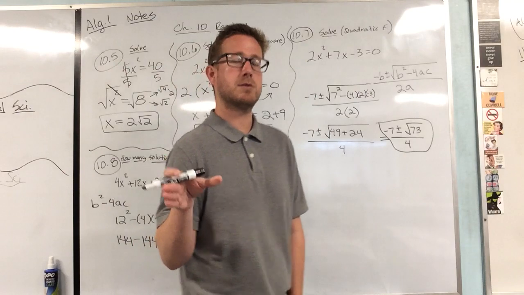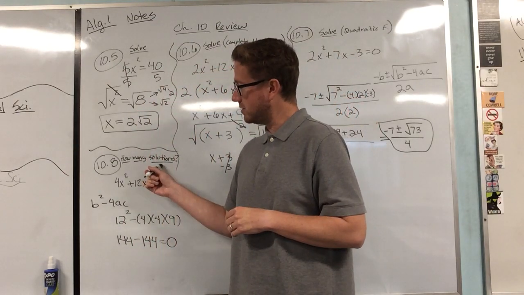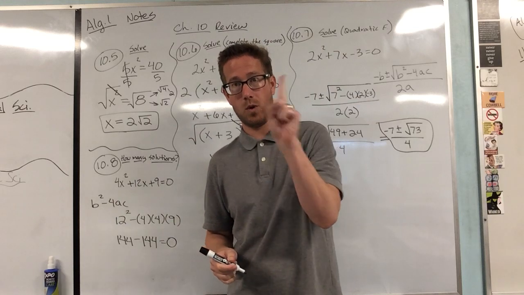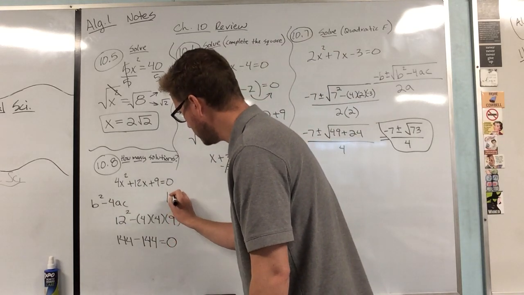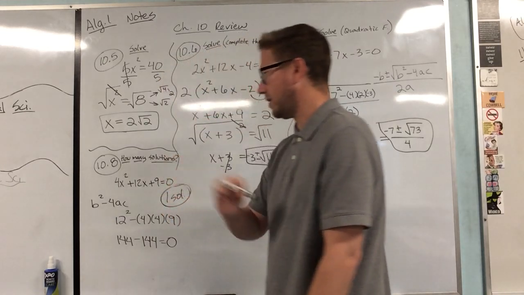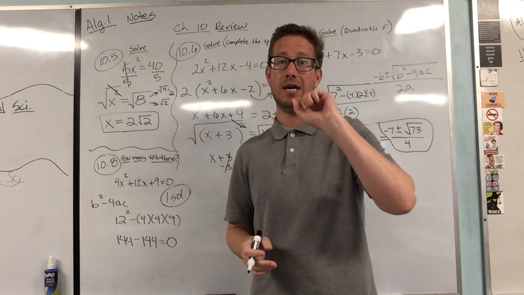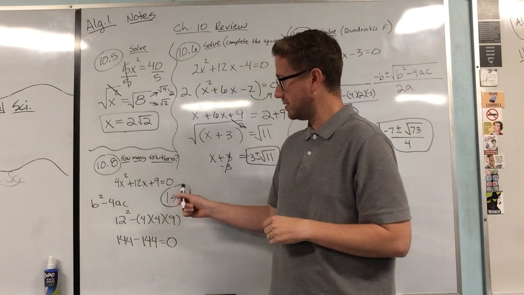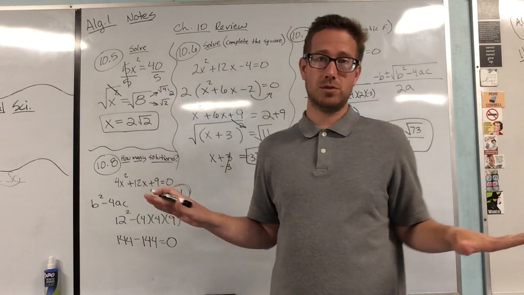And who remembers, if you have a discriminant of 0, how many solutions do you have? 1. You have 1 solution. So the answer here is 1 solution. All right, remember, if you have a positive discriminant, you have 2 solutions. 0 gives you 1 solution. If you have a negative discriminant, you have no solution.